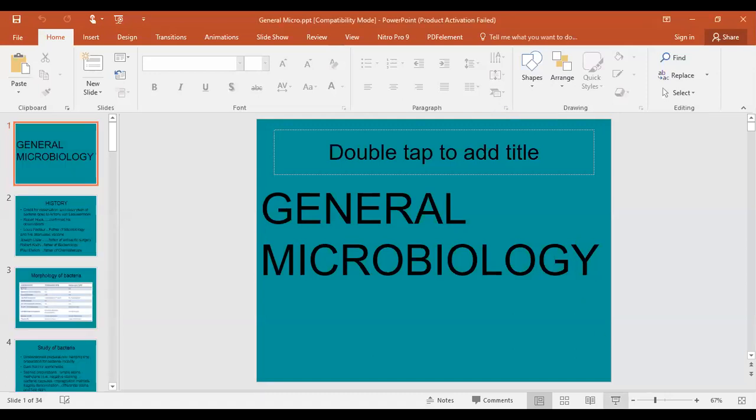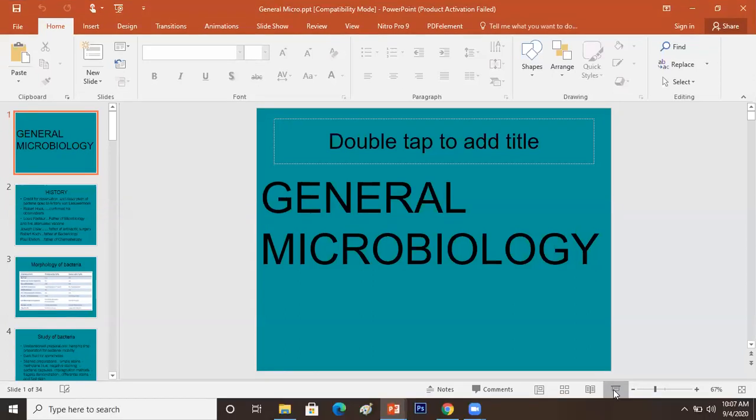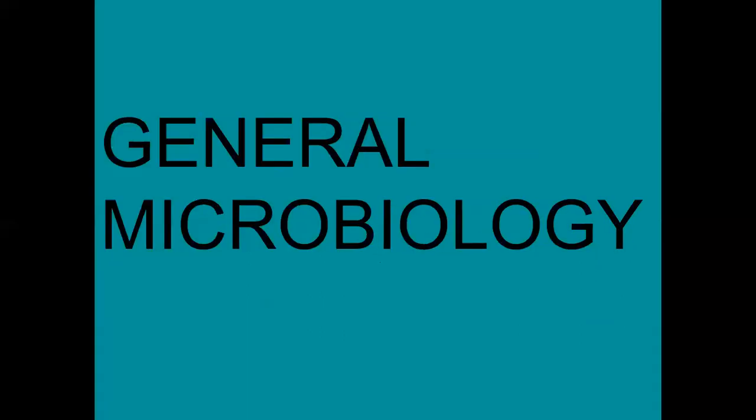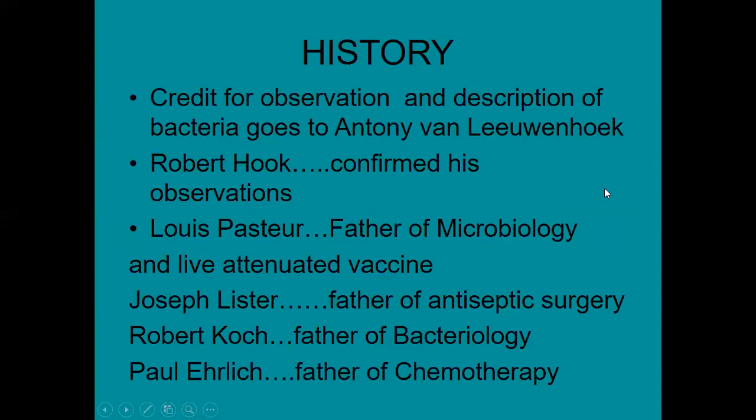Now, the whole credit for the observation and the description of the bacteria goes to Anthony van Leeuwenhoek. This is very known to all of you. And Robert Hooke has confirmed his observations.